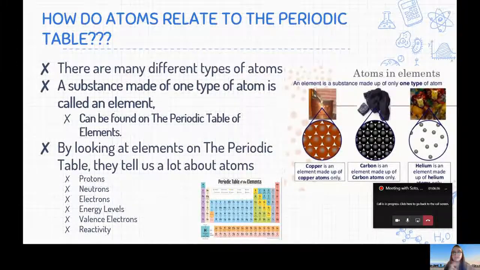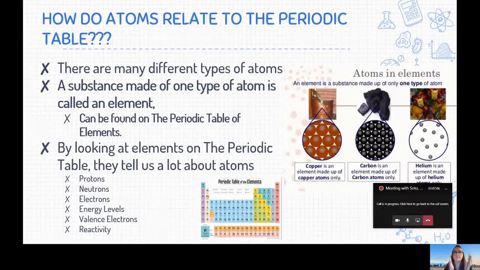It's in the periodic table, it's represented as Cu, and it's only made of copper atoms. All the atoms of copper all have the same amount of protons. Then we have carbon, for example. Carbon is represented by C in the periodic table over here. That is an element, and it's only made of carbon atoms. Helium is another element, and it's only made of helium atoms, okay?